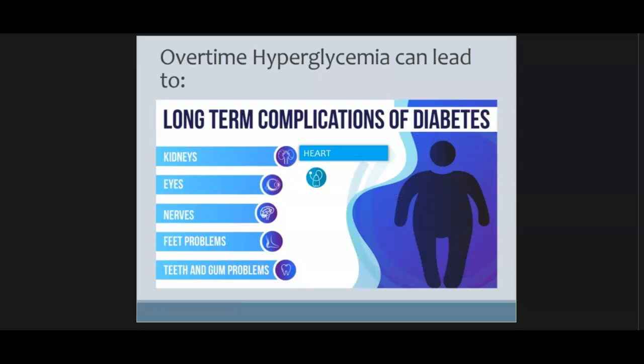Over time, high blood sugar from diabetes can damage the walls of the blood vessels as well as nerves that control the heart and the blood vessels. Diabetics are more likely to have other comorbidities that raise the risk of heart disease.